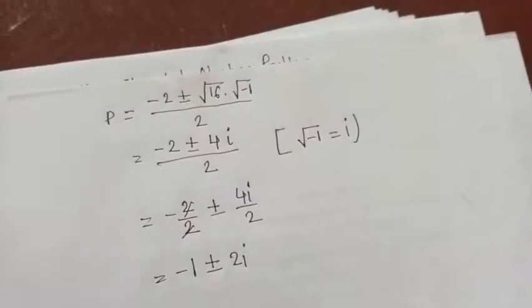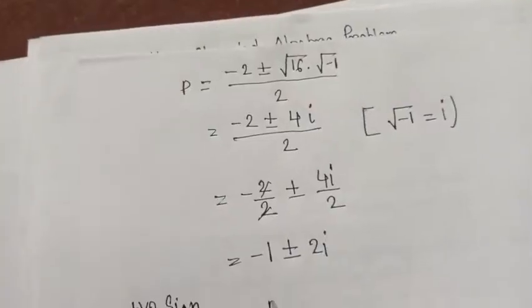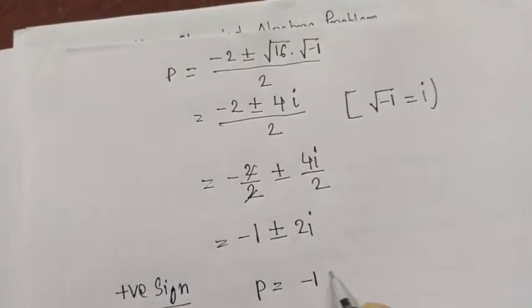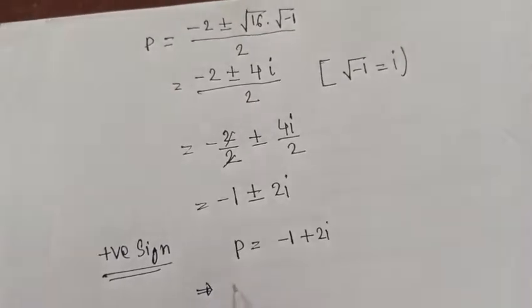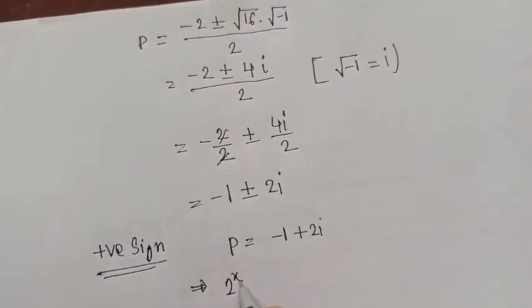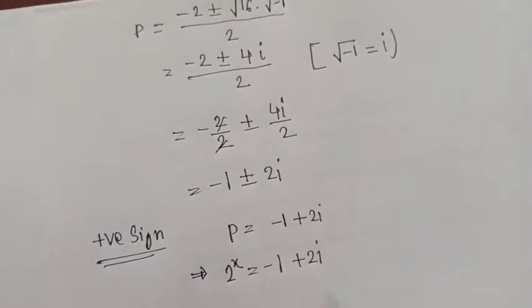If we consider the positive sign, then p equals minus 1 plus 2i. That is, we have already taken p as 2 to the power x, so 2 to the power x is minus 1 plus 2i.